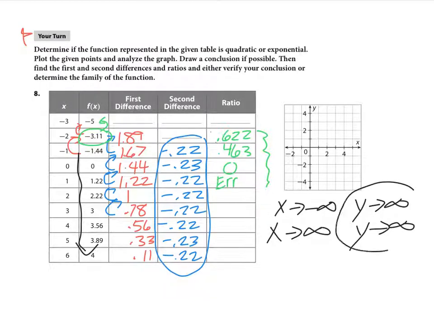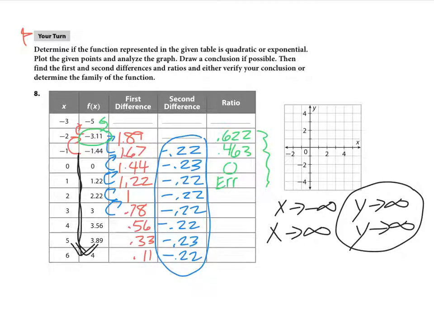Remember what we said with quadratics. The infinite behavior is in the same direction on both sides. We just have to figure out, is it going positive or is it going negative? And again, because our values here are going up, it's going to positive infinity.